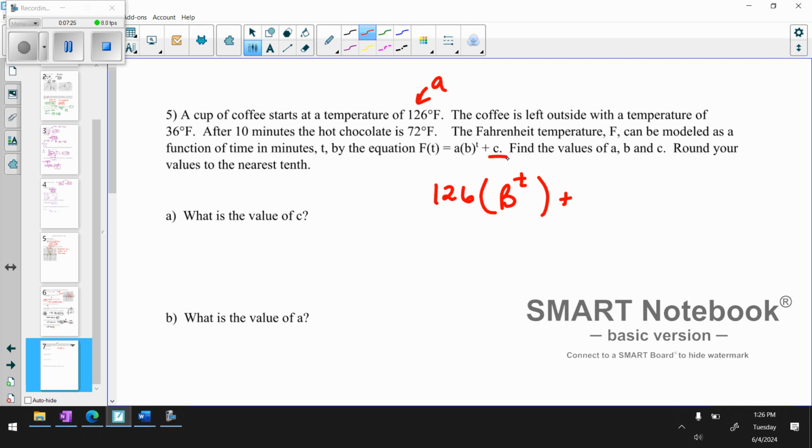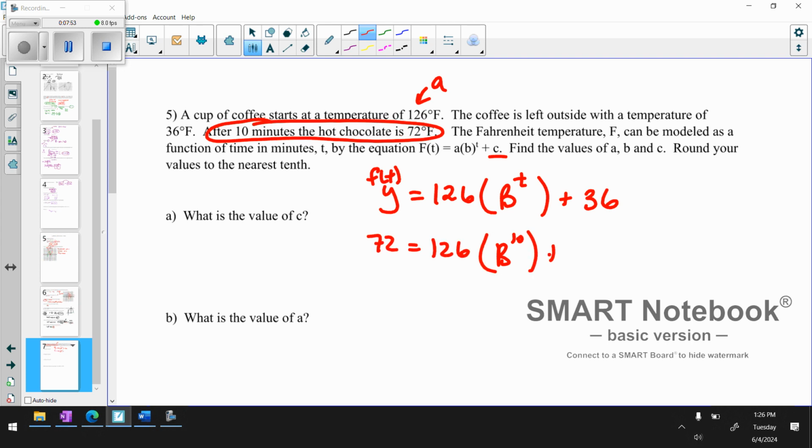C is your ambient temperature, your temperature outside, 36. Okay, and now we know, oh, that's really F and T. So then, they tell us right here, a point in time, at 10 minutes, B to the 10th, right, we're going to have 72 degrees.